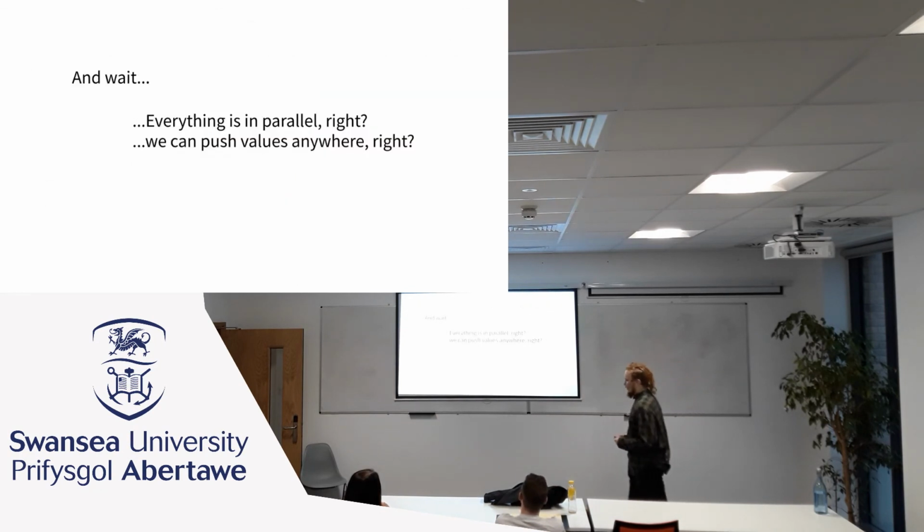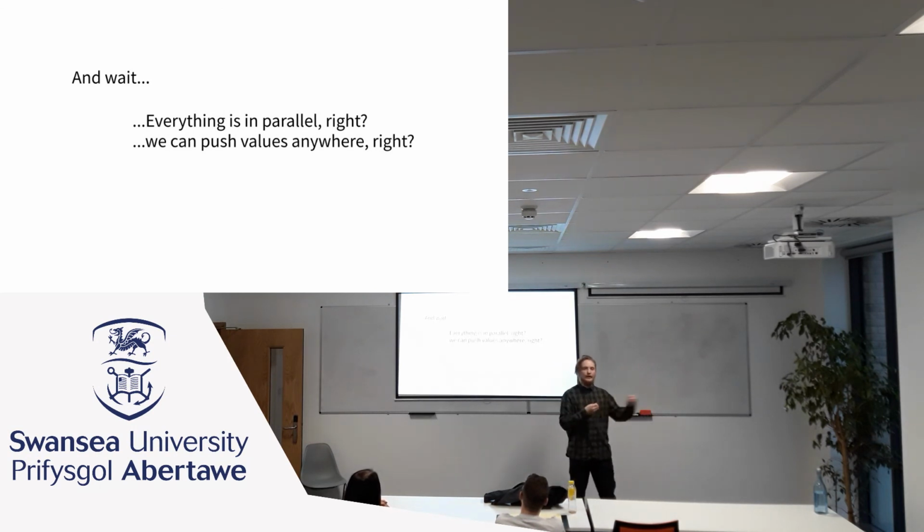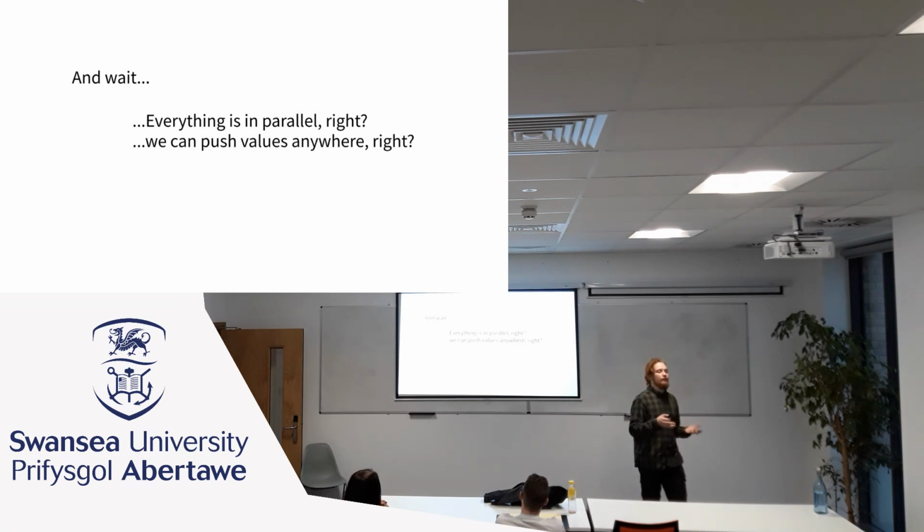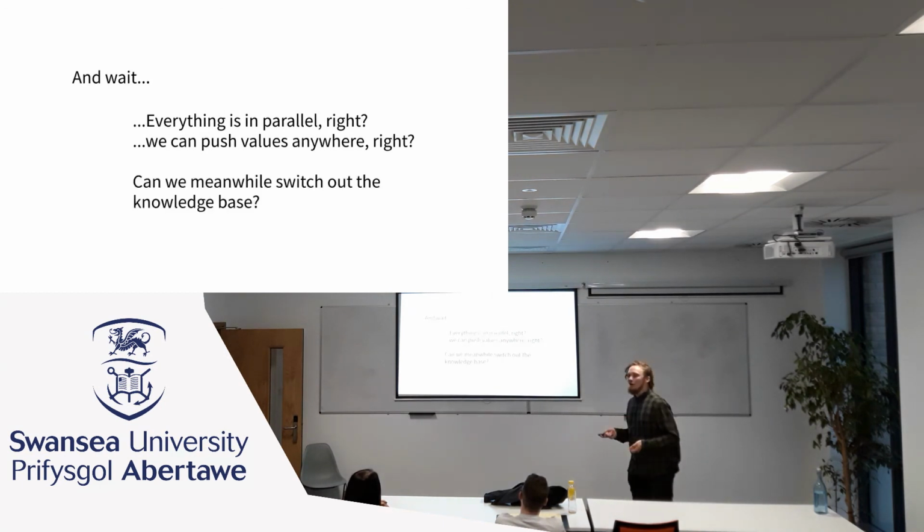And one tiny thought I still want to give you on the way home. Everything is walking in parallel, and we have a mechanism with which we can push arbitrary values to fairly arbitrary positions. What about our knowledge base, the program that we write?